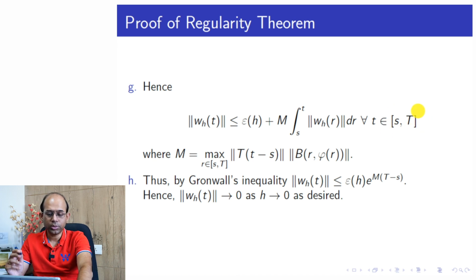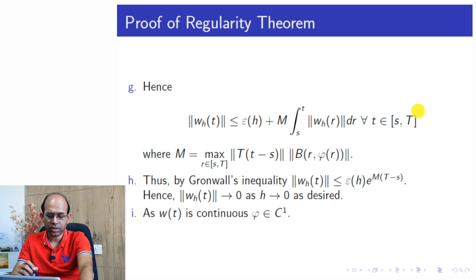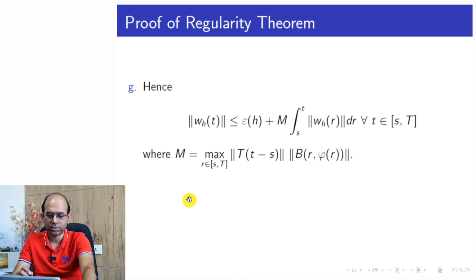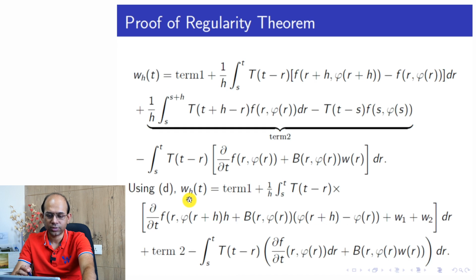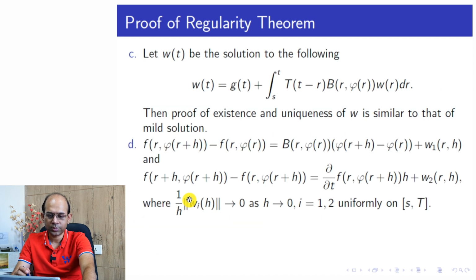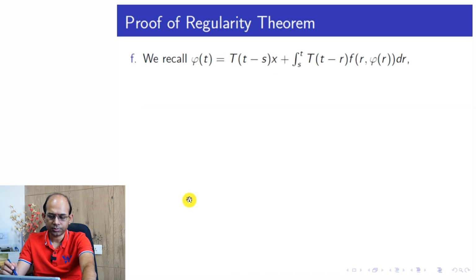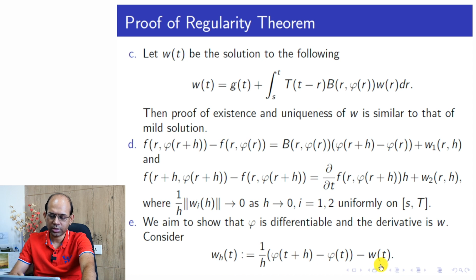By proving this, what we have done is we proved that phi is differentiable, because that was the main goal here. So we had to show that WH(t) was this.